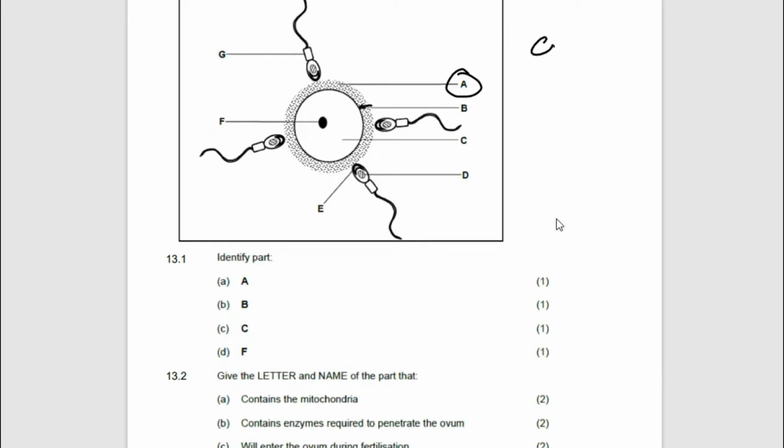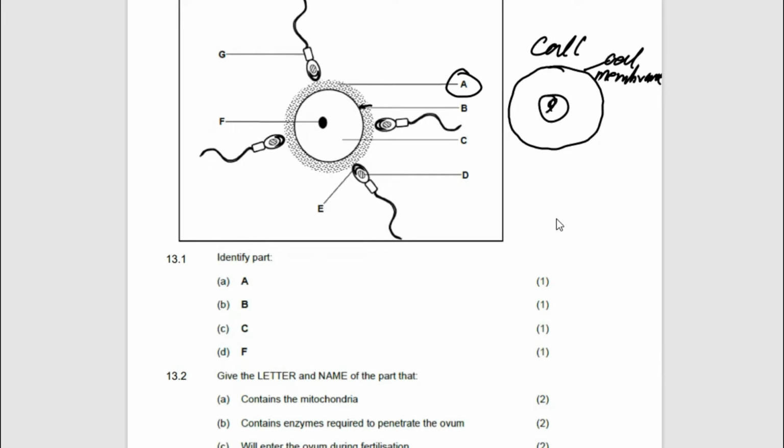Remember, this is a cell, and all cells have a membrane which protects them and allows gases and substances to go through, which we call the cell membrane.